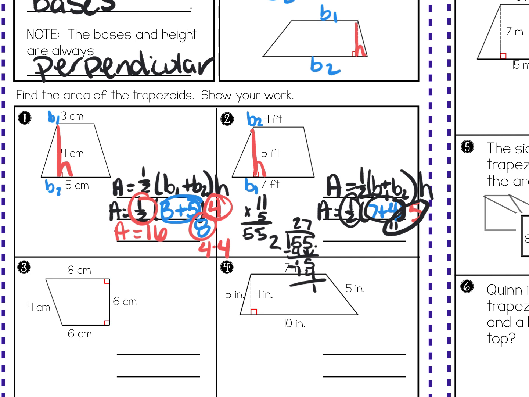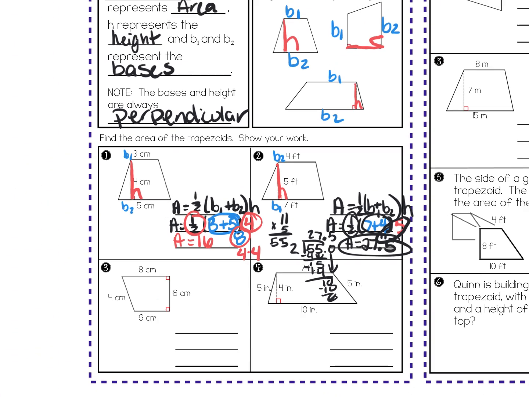I have no other number to bring down, so I'm going to put a 0 and bring it down. And then 2 can go into 10 exactly 5 times. Make sure you bring your decimal up as well. So minus 10. We're done. We don't need to put another 0 down. So my area is 27.5.